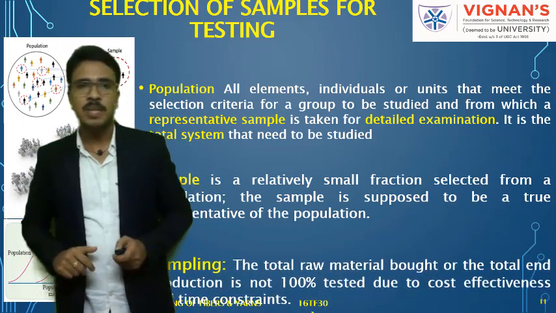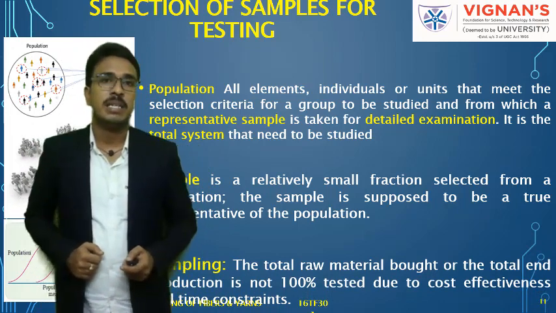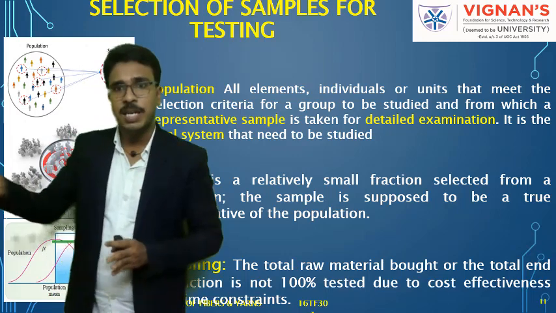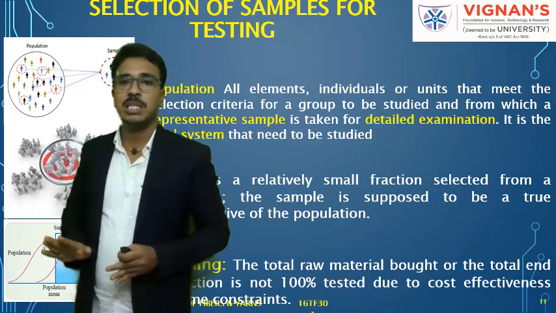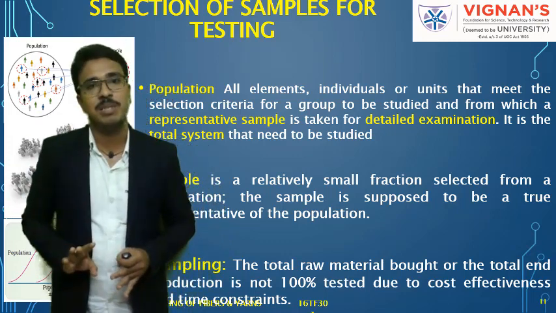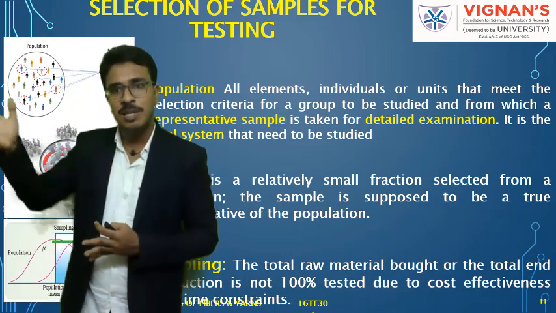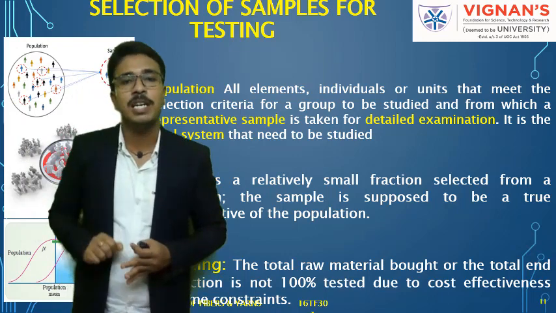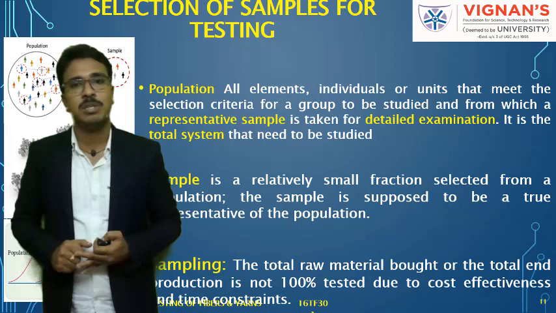Now, what is sampling? Or why do we need sampling? Suppose if you take the example which I told you now, 1000 garments are there. If you want to know the quality of the 1000 garments, is it possible for you to test all the 1000 garments and give the certificate about the product quality? No, it is highly impossible. Why?